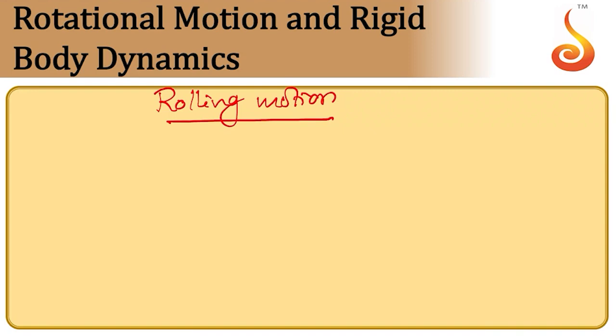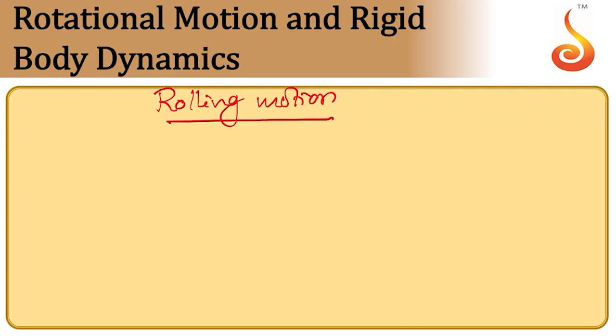It's actually pure rolling. This can be understood like this. In the case of sliding motion, the same surface of contact is seen all along. In the case of rolling motion, it's basically the point of contact.